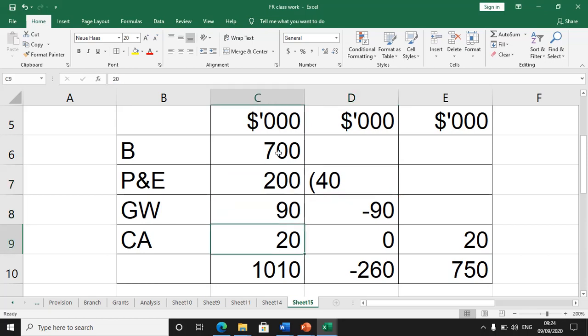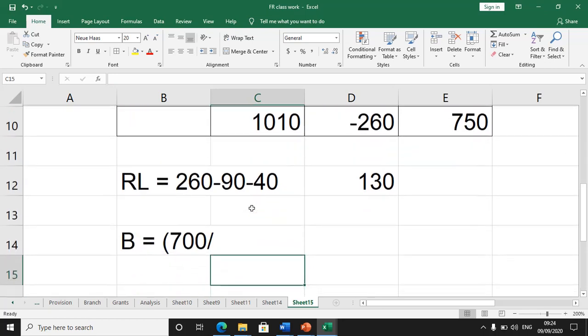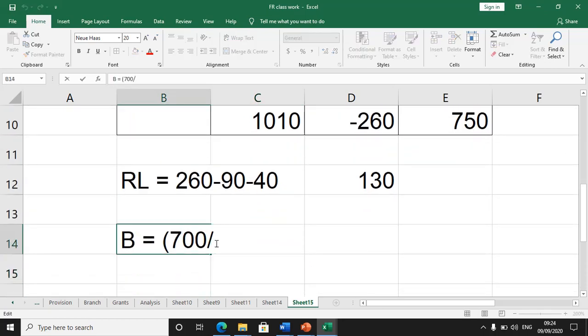So the total of 700 and 160 is 860. My division here will be 860, and then I multiply whatever I get by 130. Let me just do that, my residual impairment loss.